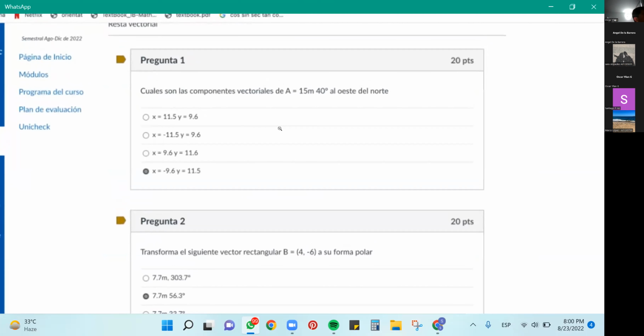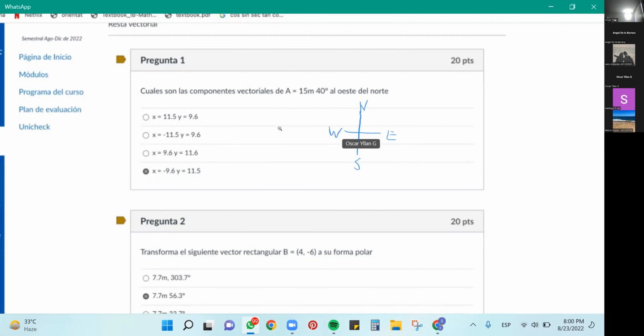Okay, let me draw on your screen. See the first one, right? It says, remember, north, south, east, west.